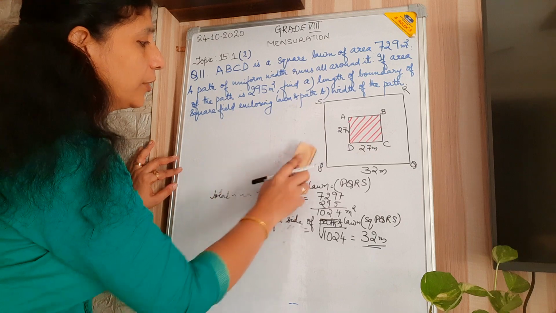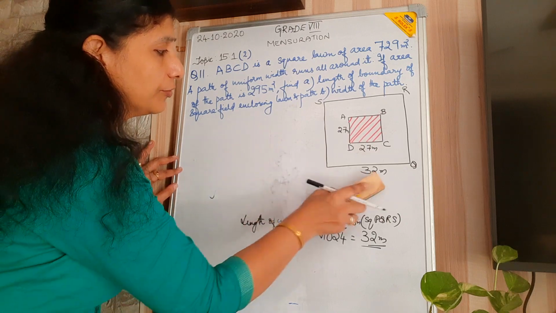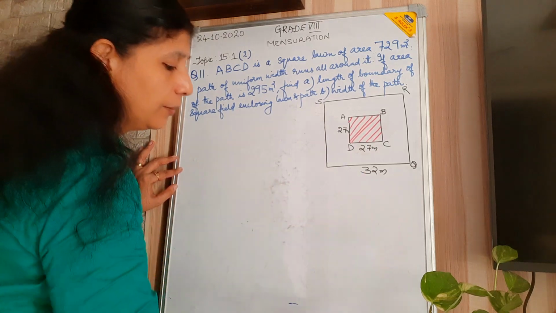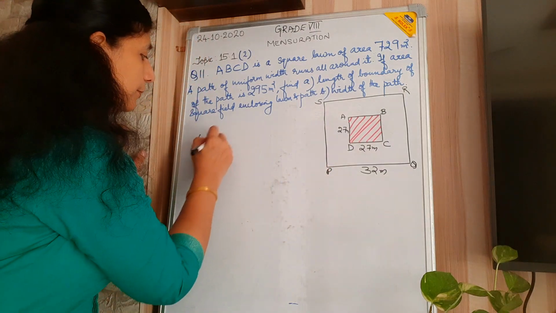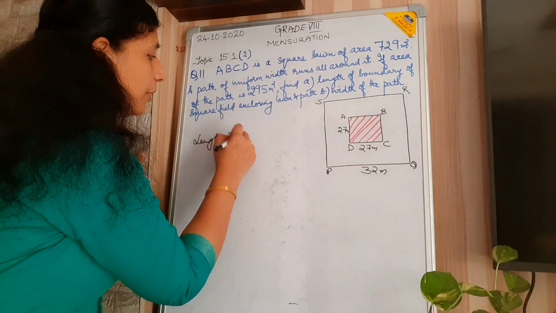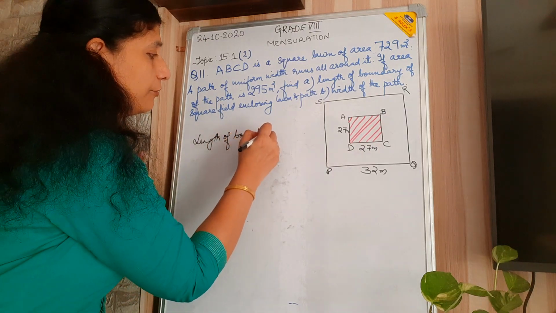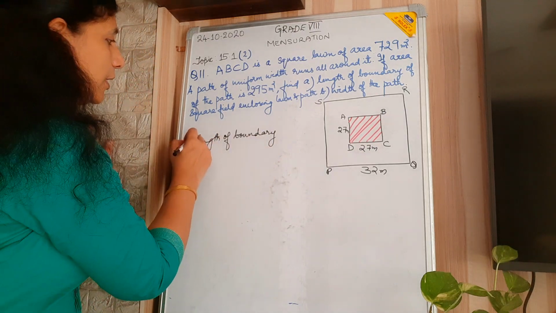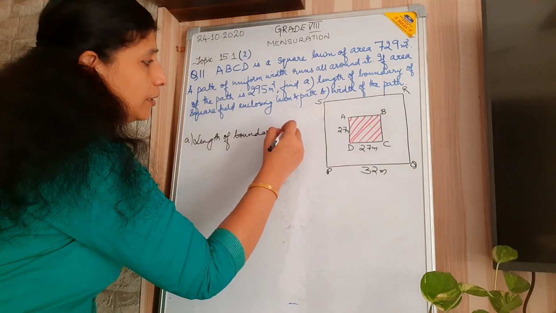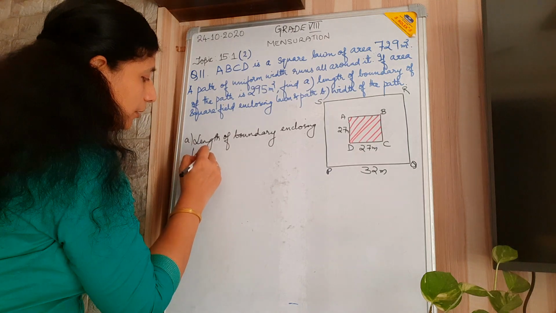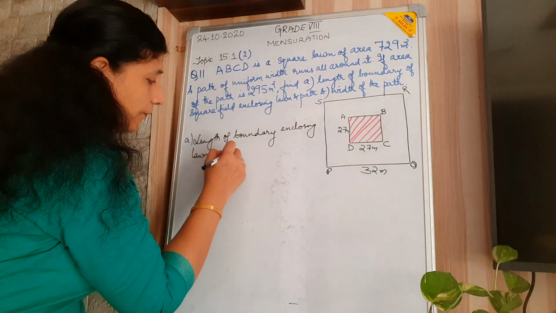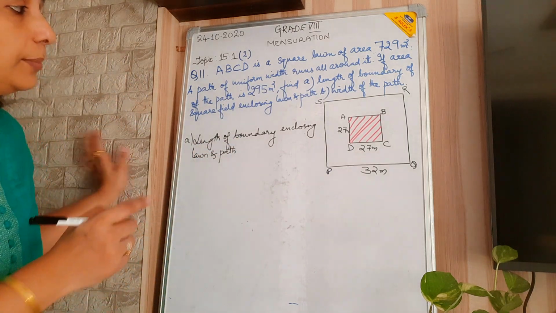The first question is the length of the boundary. So the boundary is the perimeter of PQRS, isn't it? The length of the boundary enclosing lawn and path is equal to the perimeter of this one.